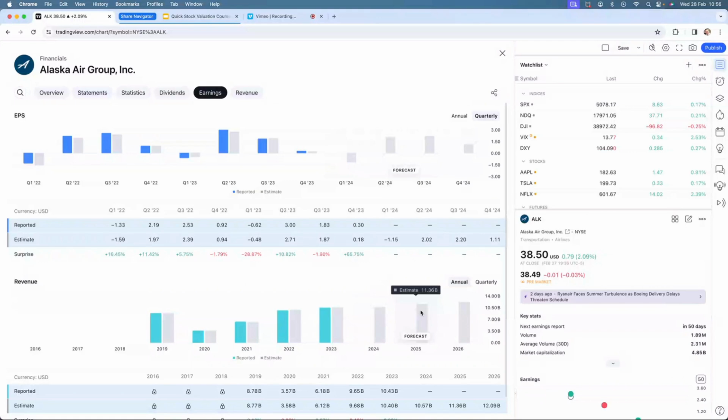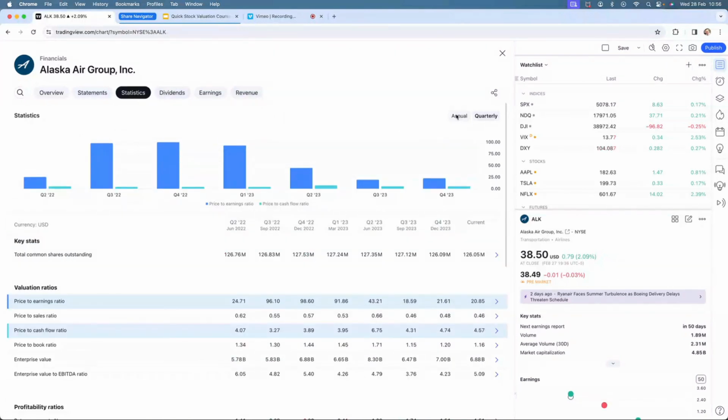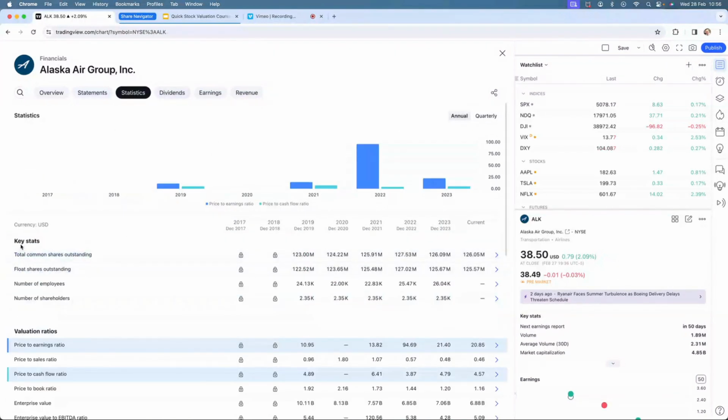So remember, all we need to do now is get the amount of shares on issue or outstanding, and divide 11.36 billion by the amount of shares outstanding. To get that data, come back to statistics, click on annual, and under key stats you're going to see total common shares outstanding: 126 million.